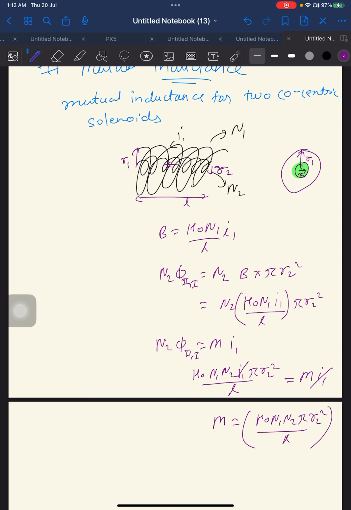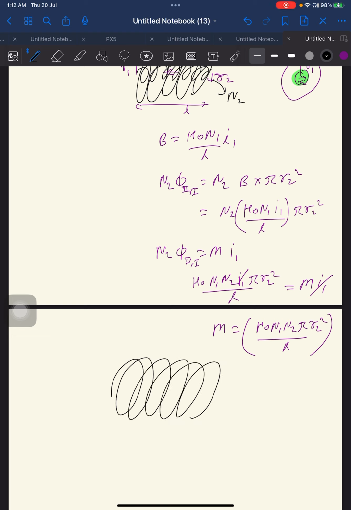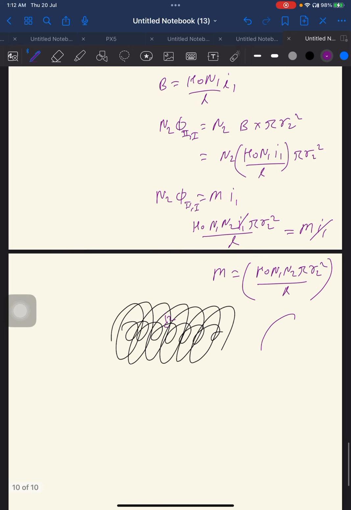Let's try to verify that even if you find it due to the inner coil onto the outer coil, you will get the same. Let's check that. For that, instead of taking current in the outer loop, I am going to take current in the smaller loop. Suppose call it I2. If you see the cross-section view, this is R2 and this is R1, right?